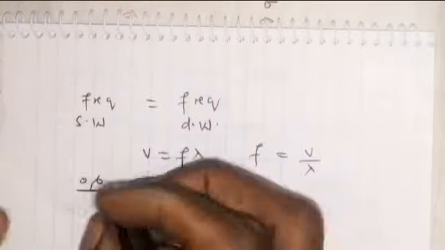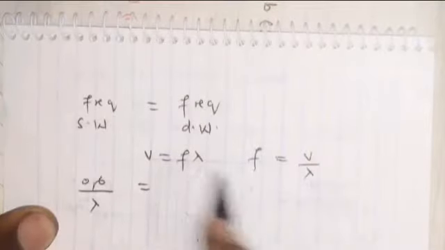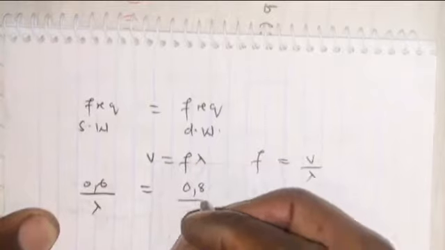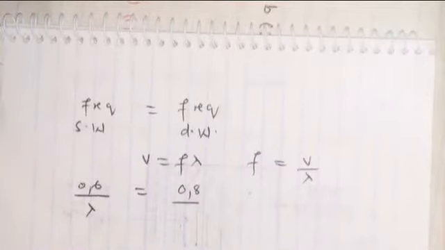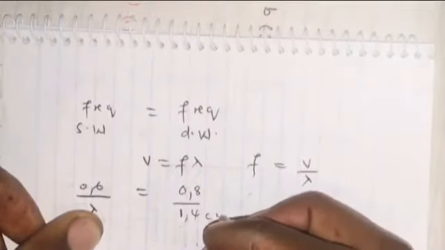The wavelength in shallow water, that's the one that we are looking for, which is lambda. Then the frequency in deep water is 0.8 meters per second over the wavelength, and we've been given that the wavelength in deeper water is 1.4 centimeters.